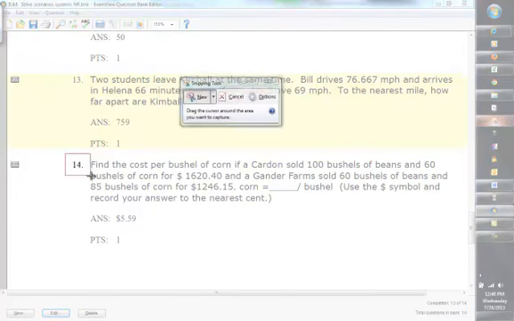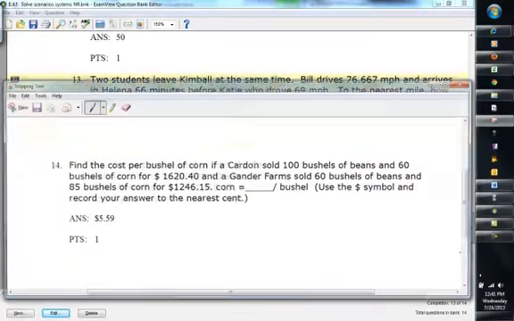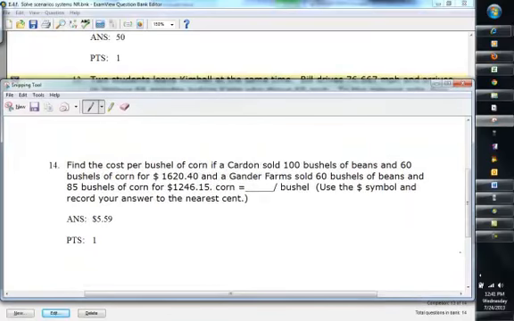Find the cost of a bushel of corn if Carden sold 100 bushels of beans and 60 bushels of corn for $1,620.40, and Gander sold 60 bushels of beans and 85 bushels of corn for $1,246. Corn, we want to know the price of corn per bushel. Well, we've also got beans will be a certain amount.